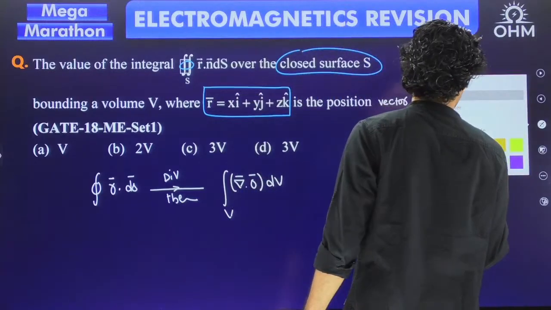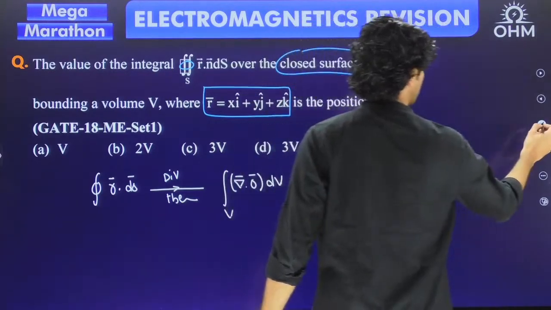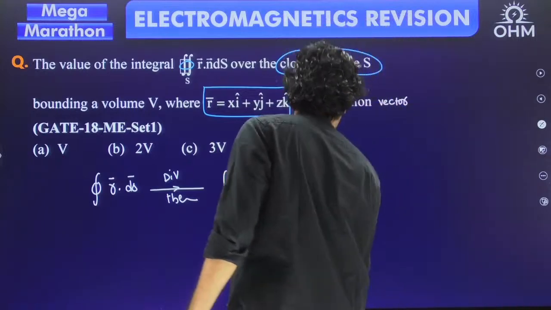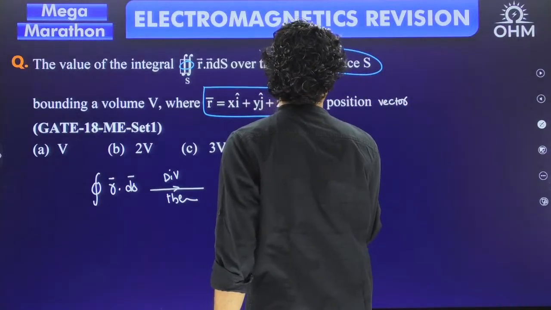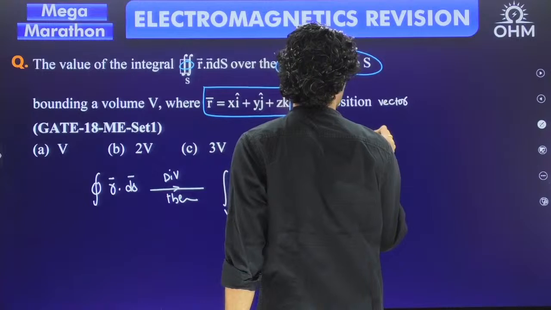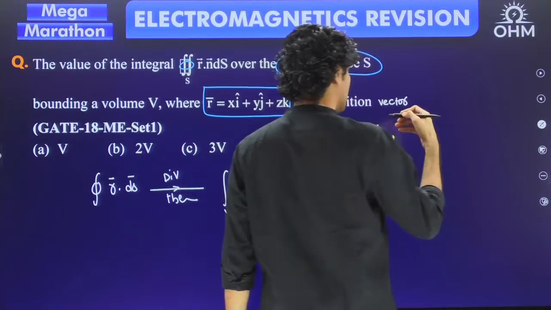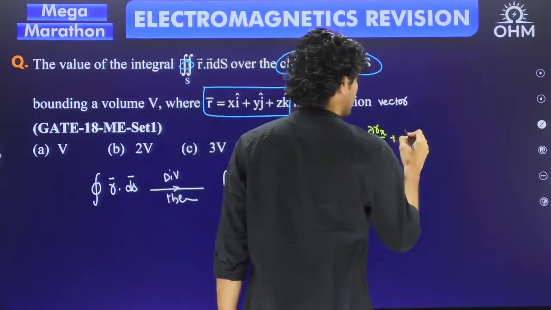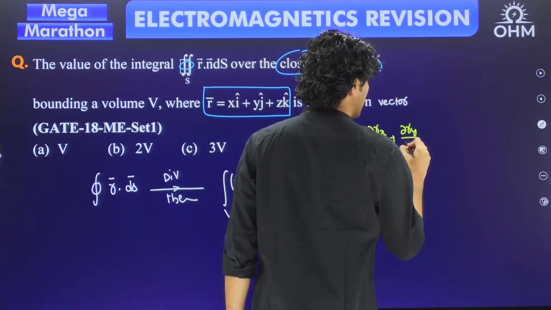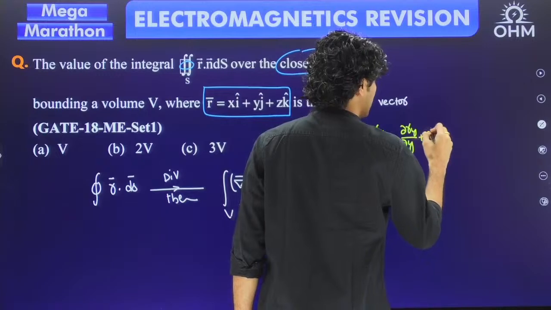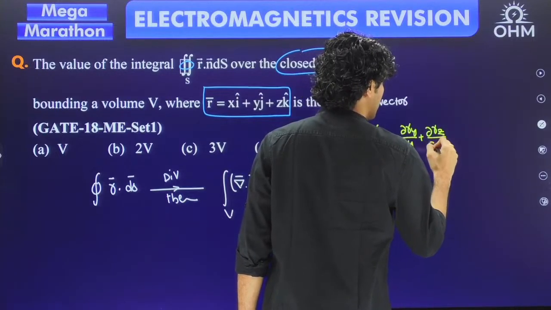Now let's calculate divergence for the given vector field. The given vector field is in terms of rectangular coordinate system. So in rectangular coordinate system, what is divergence of r bar? This is nothing but dou rx by dou x: differentiate x component of r bar with respect to x, y component with respect to y, z component with respect to z.